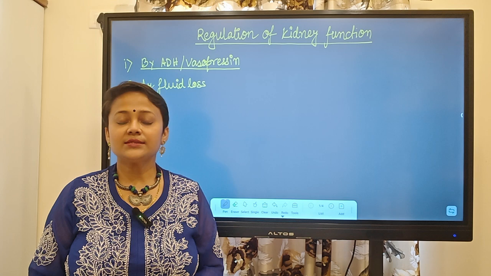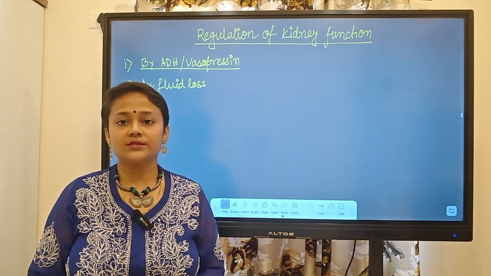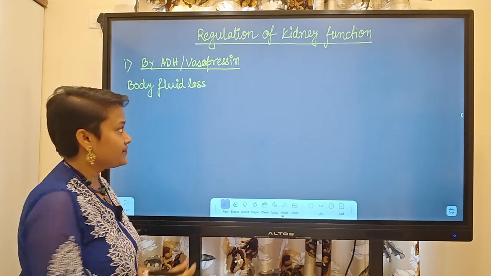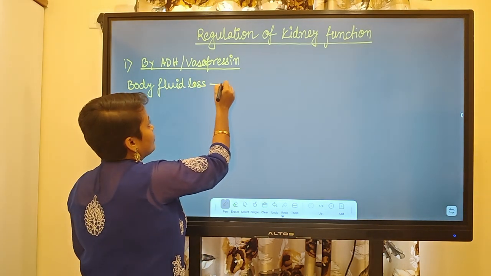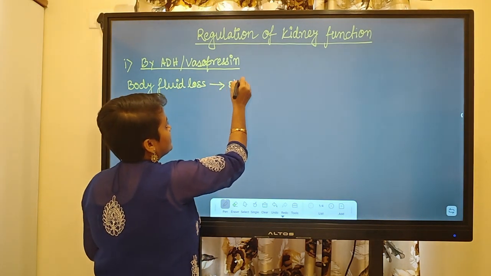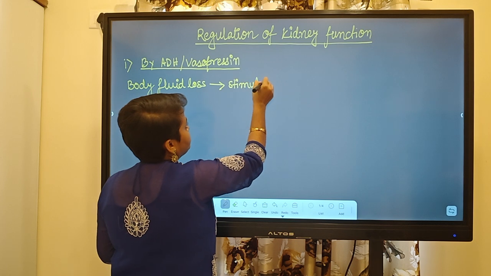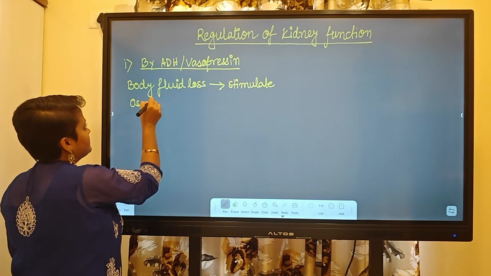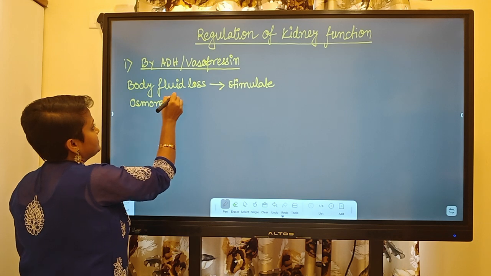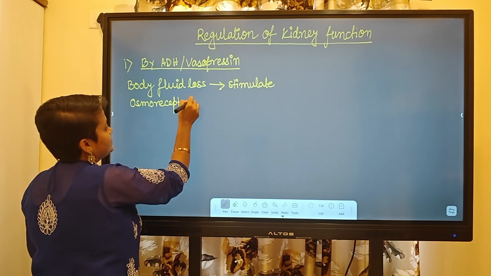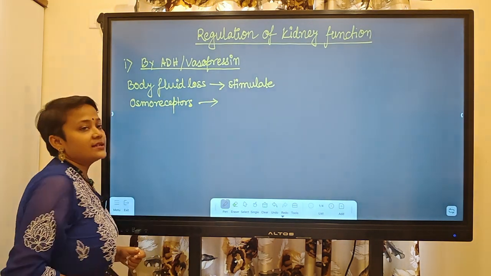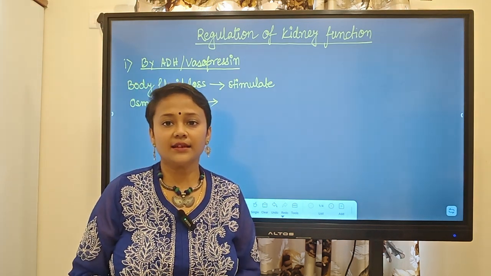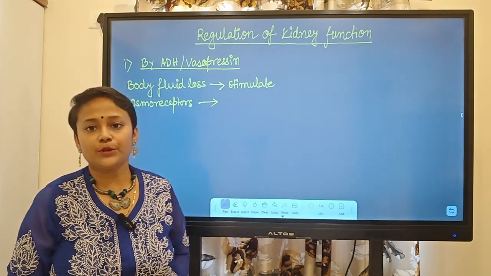So if there is any body fluid loss, the osmoreceptor gets stimulated. And when it gets stimulated, it sends the signal to the posterior pituitary.